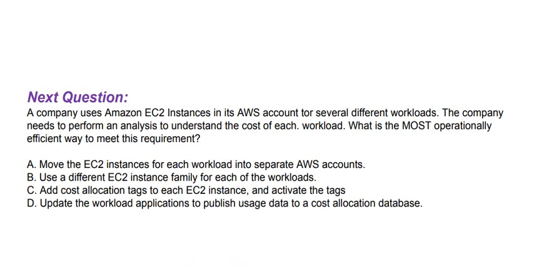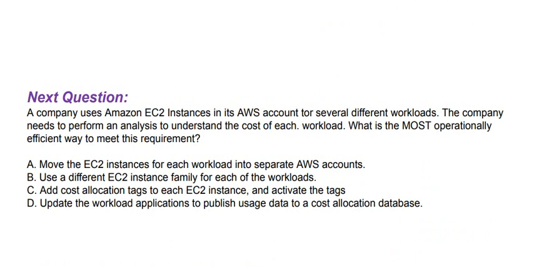Moving to next question. A company uses Amazon EC2 instances in its AWS account for several different workloads. The company needs to perform an analysis to understand the cost of each workload. What is the most operationally efficient way to meet this requirement? Option A. Move the EC2 instances for each workload into separate AWS accounts.